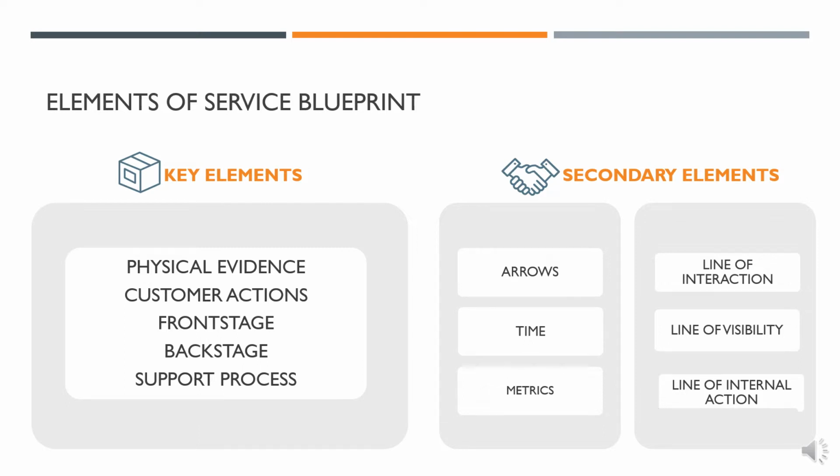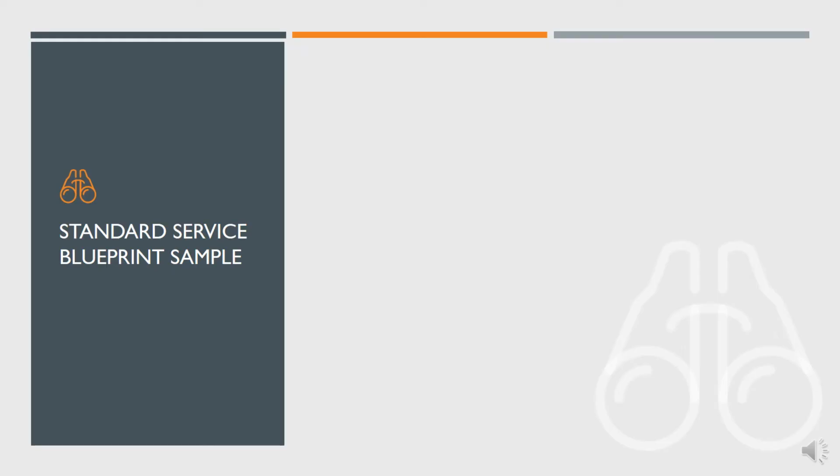There are also primary lines which are line of interaction, line of visibility, and line of internal action. Service blueprints take different visual forms, but regardless of visual form and scope, every service blueprint comprises these key and secondary elements. So here's a sample of a standard service blueprint.